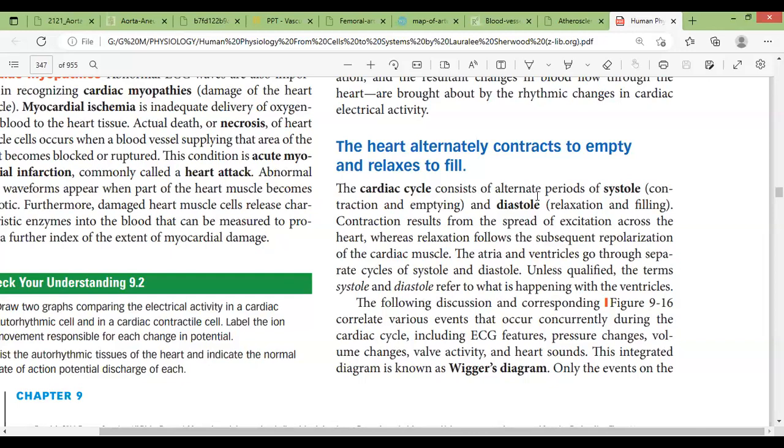Okay, I think the diastolic is when the ventricles relax and now blood flows into the... See, we're talking about the ventricles, so when it contracts, that lub-dub sound.